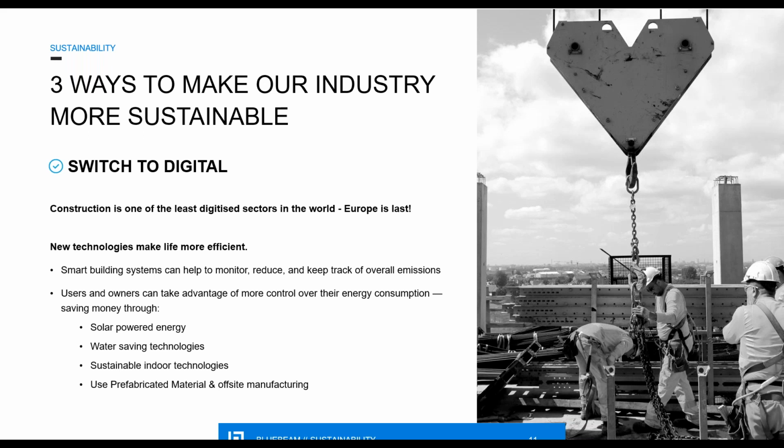The huge boost that we've seen and been involved with, working with a huge amount of industry affiliations over the last 2 to 5 years, is things like prefabricated materials and offsite manufacturing. We're seeing tremendous efficiency gains in the way that some of these complex materials or subcomponents of buildings are manufactured in a very clean environment, with no introduction of additional pollutants and a much more controllable environment.